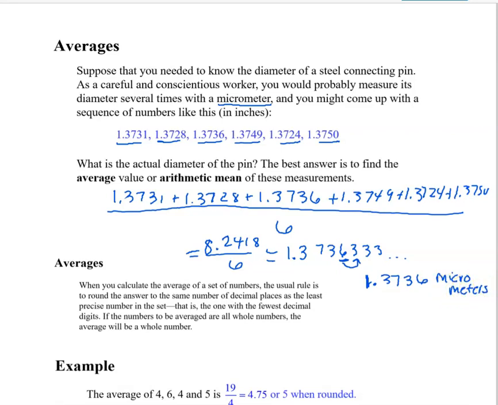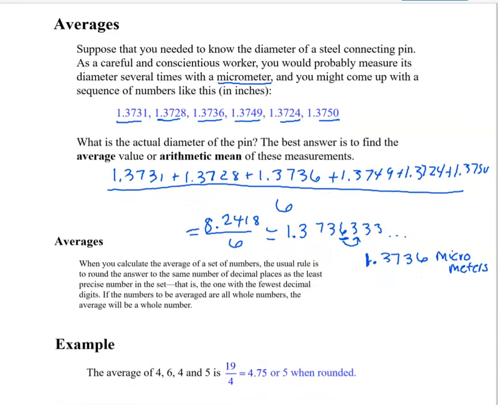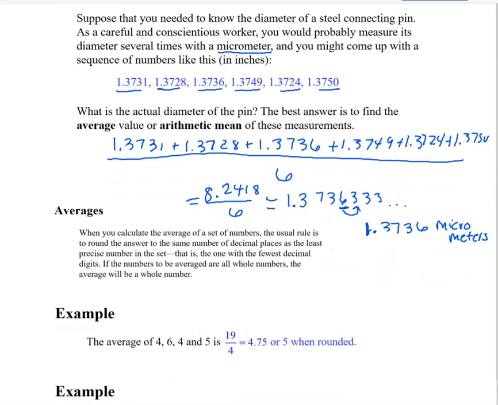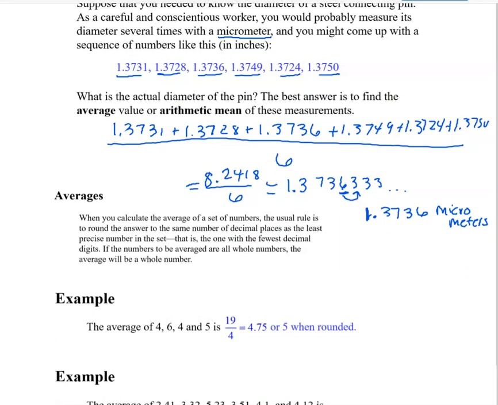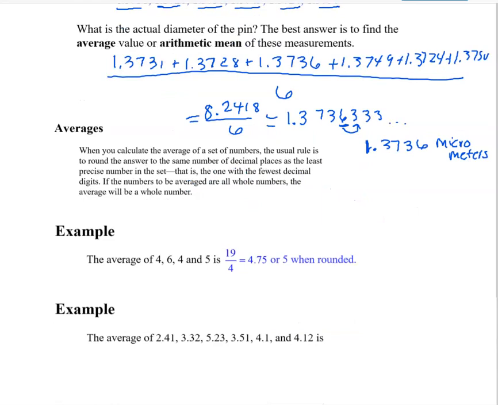Okay. So when you calculate the average of a set of numbers, a usual rule is to round the answer to the same number of decimal places as the least precise number in the set, which in our set all had the same amount of decimals. The one with the fewest decimal places is the one you want to round to.